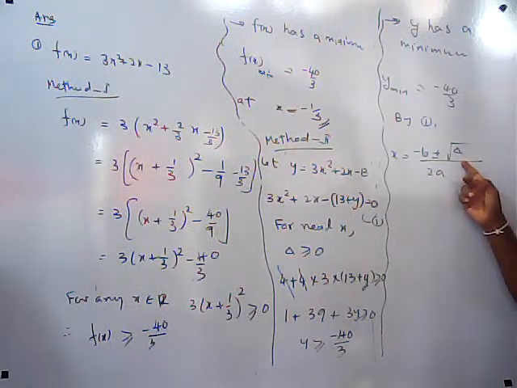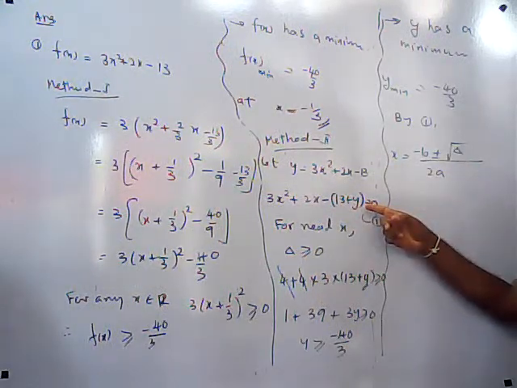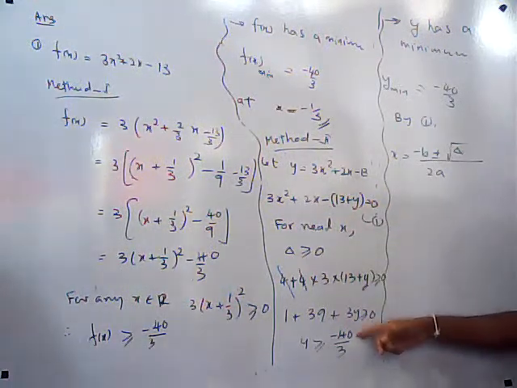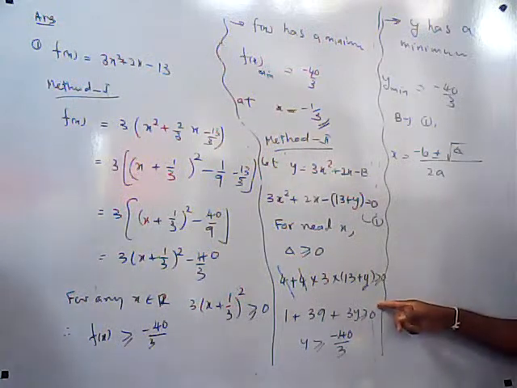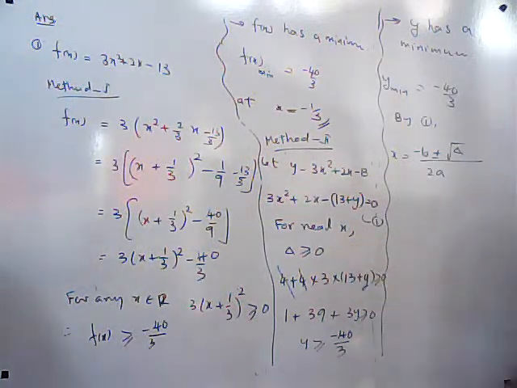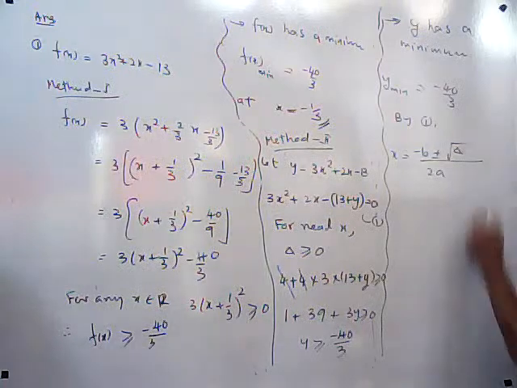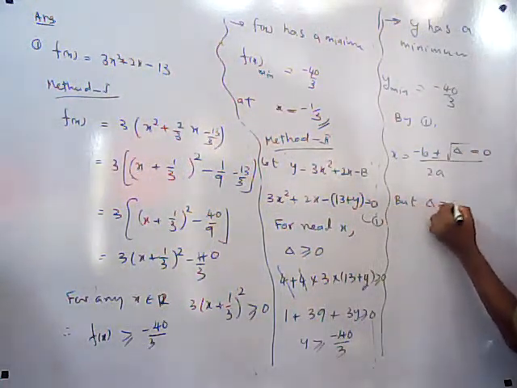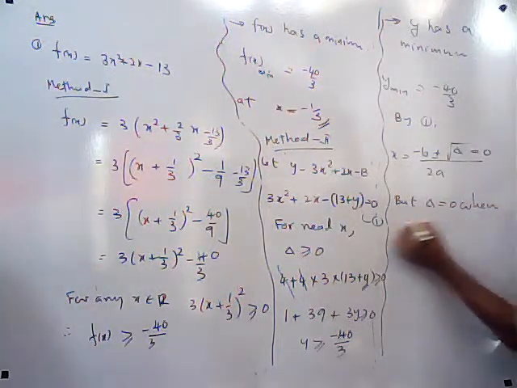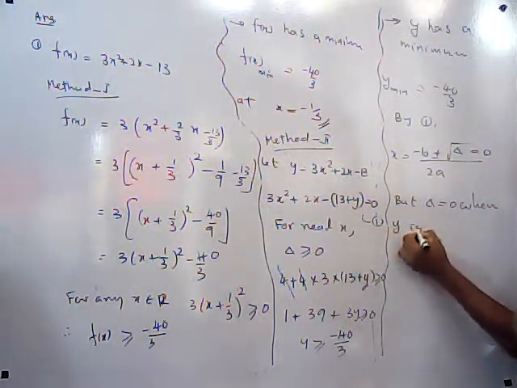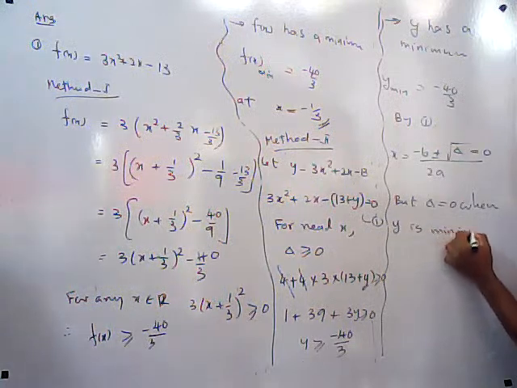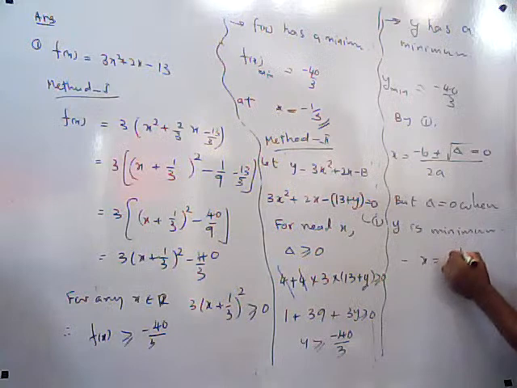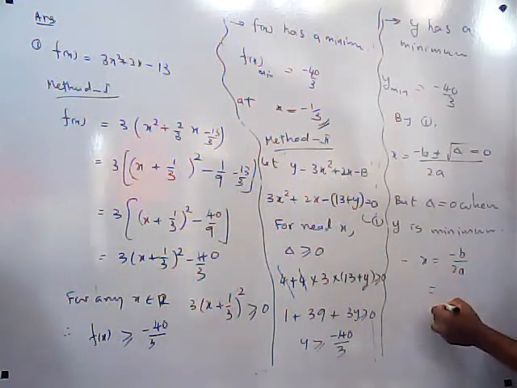But what happens to delta as y is maximum or minimum? Maximum or minimum y, delta here is equal to 0. This part is equal to 0. Delta is equal to 0 when y is minimum. Therefore, x is equal to just minus b over 2a.